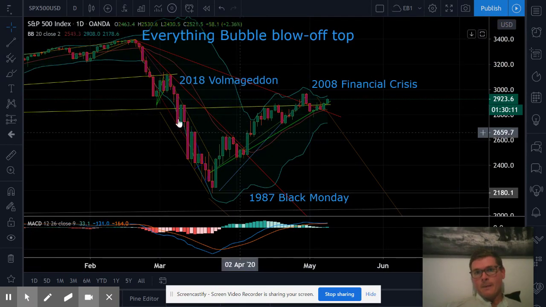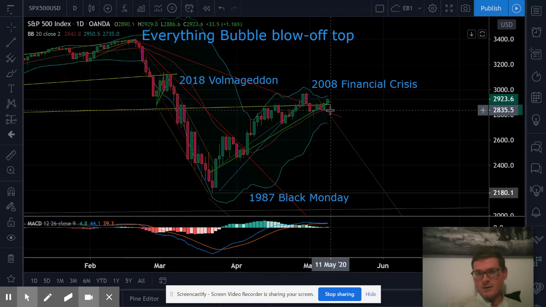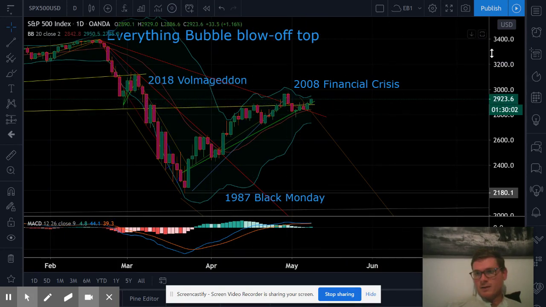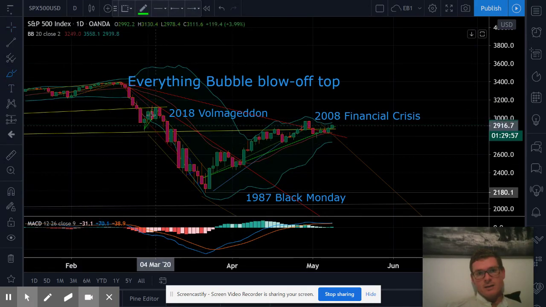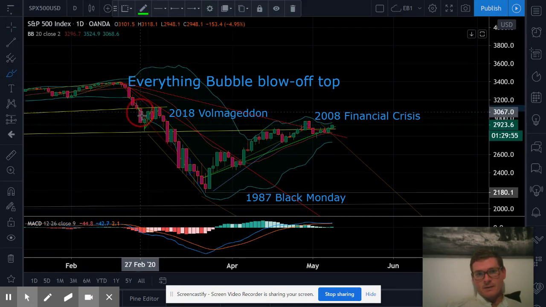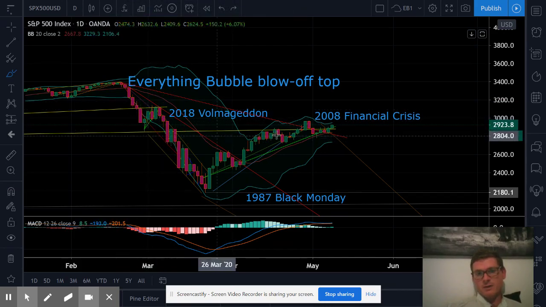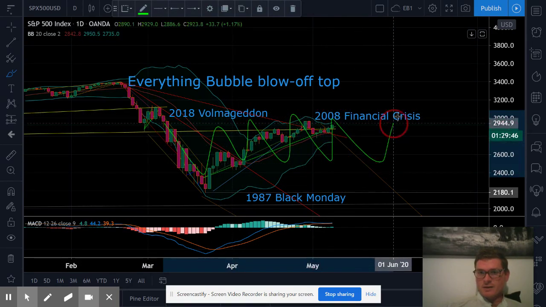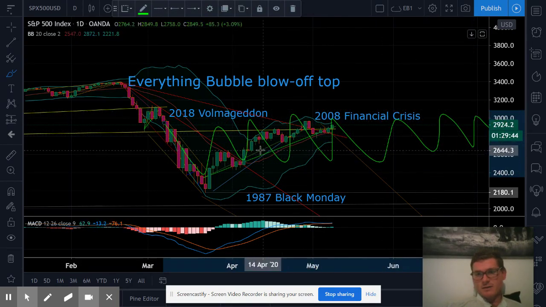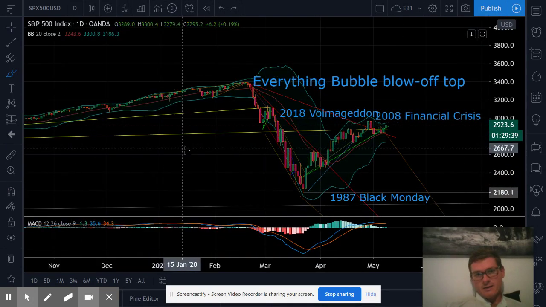So when you get to these tangent lines, usually if you break them and you come up and backtest them like this, like you're about to terminate this kind of a tangent line, it doesn't say anything about when that's going to happen. If you go look at the Nikkei bubble, some of them are just a quick little backtest and break it, like this one, or there's one on the Nikkei that just grinds and grinds along the tangent for months and months until it finally reverses out of there.